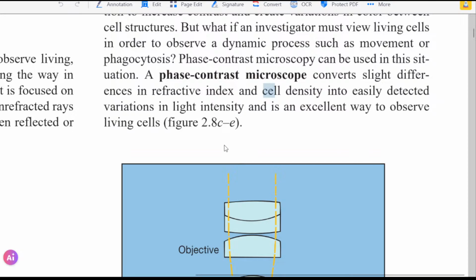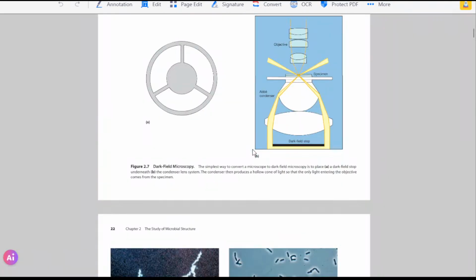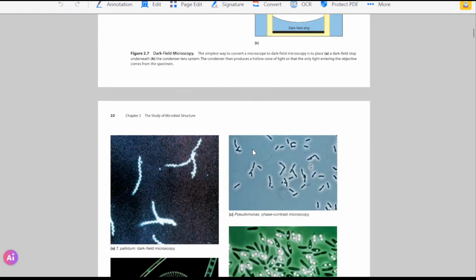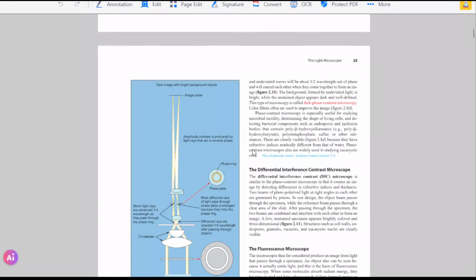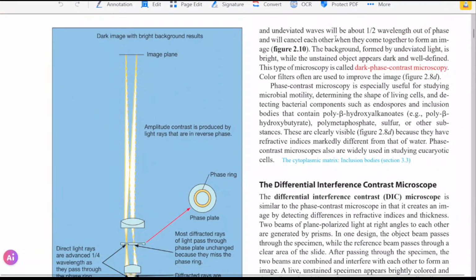And they are saying it is an excellent way to observe living cells. I still don't know how they change the refractive index, which is going to be explained below. I think so. And undeviated waves will be about 1/2 wavelength out of phase. Oh, so they change the wavelength of the light as well.